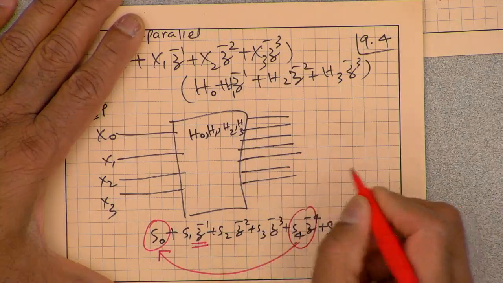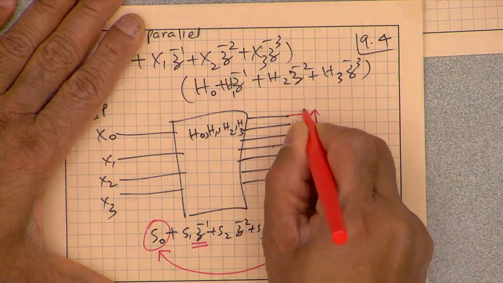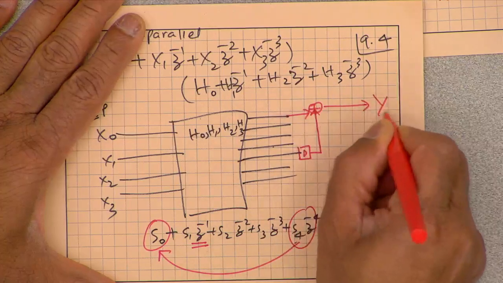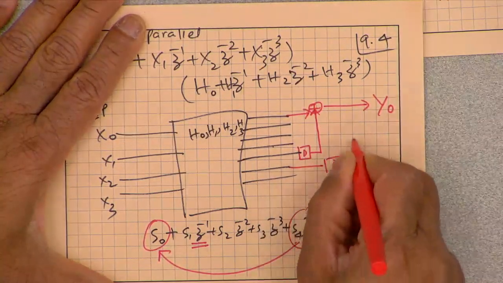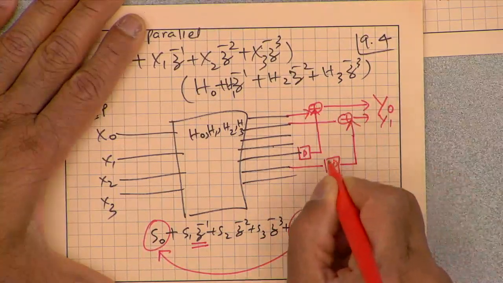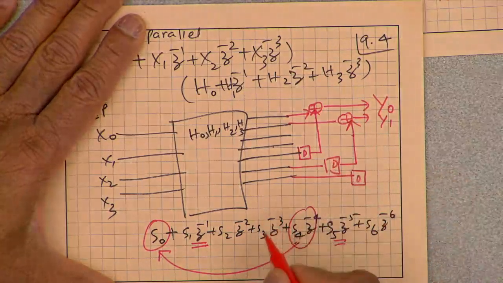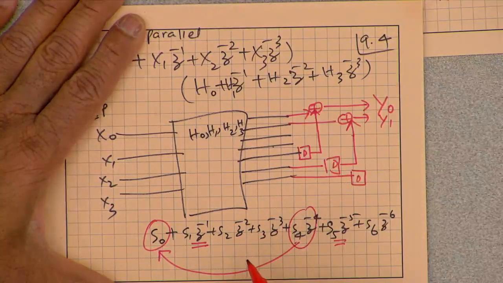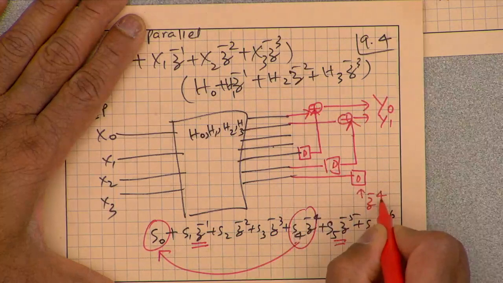So if I delay this and add to that, that is the first phase output y0. Delay this and add to that, that's going to be y1. And finally delay this. By the way, for a 4 parallel filter, each delay is really z to the power minus 4.